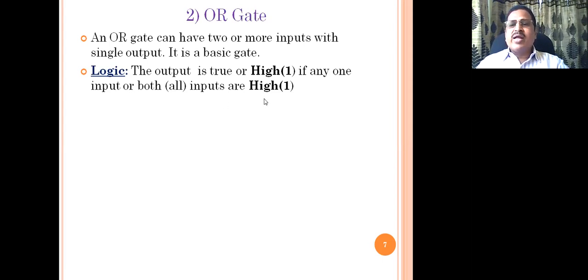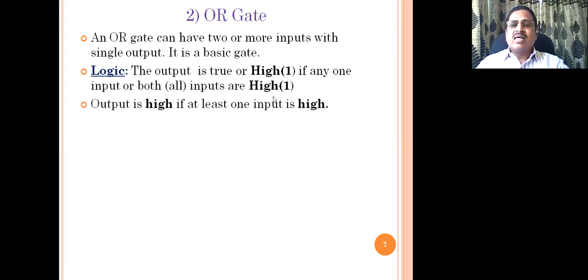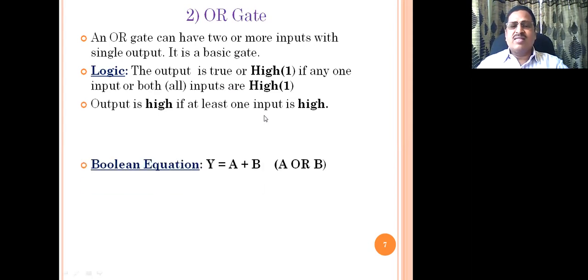In case of a two-input OR gate, you can define it simply as: output is high if any one or both inputs are high. In case of an OR gate with more than two inputs, the statement is: output is high if any one or more or all inputs are at logic high condition. That means output goes high if at least one input is at logic high or level 1.